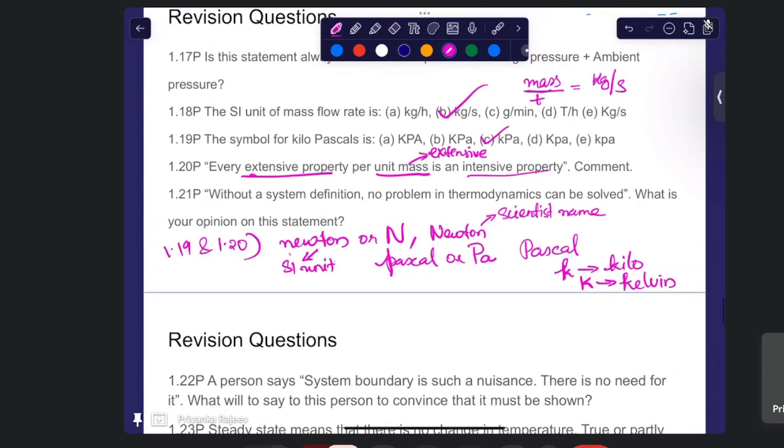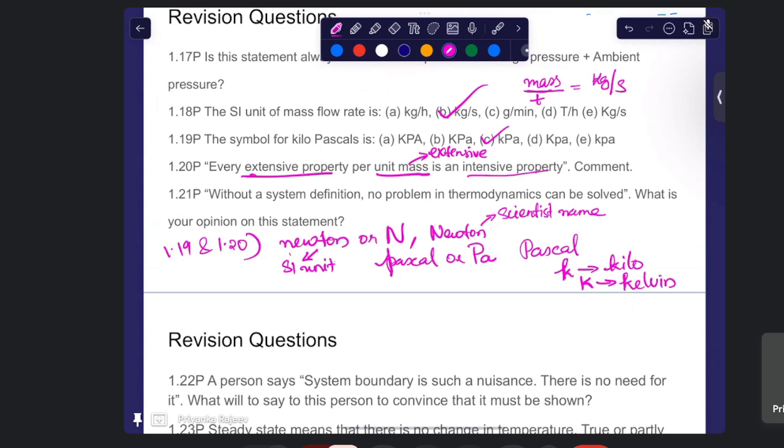Now 1.21, or concept-wise also, if you think, extensive property means what? It will scale with amount or size. Now you are dividing it by mass, which will give you the quantity of that property per unit mass.